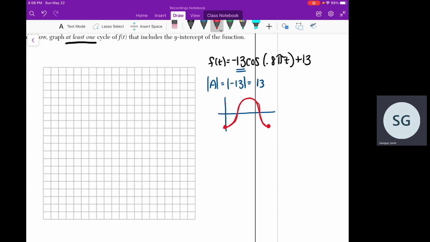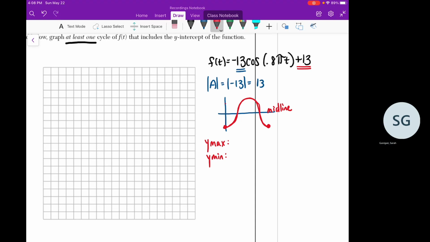Now, let's see. I know that this is at negative 13, so it's going to be 13 below the midline. Here's my midline. My midline is shifted up 13. So what is my max and my min going to be? My y max and my y min are related to the amplitude and that midline shift.